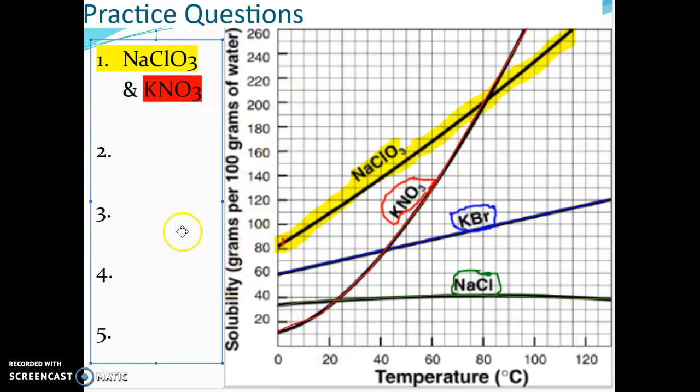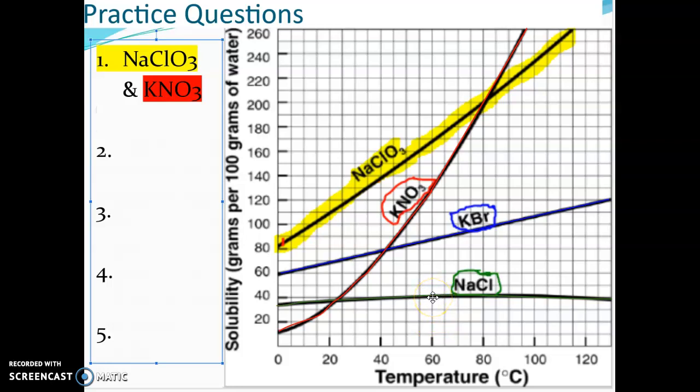Okay, so the next question says, which substance is least soluble at 60 degrees Celsius? I'm going to look over here at 60 degrees, and travel up from this line until I hit the first solubility curve. Boom!